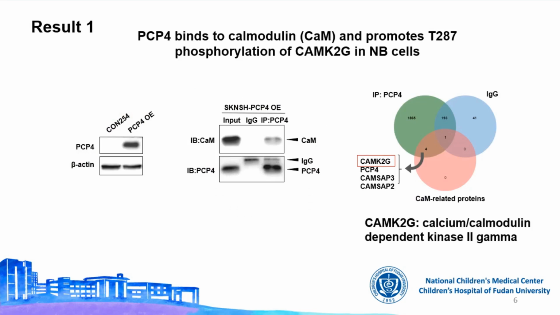Functionally, PCP4 modulates the rate of calcium binding to calmodulin, which is a critical step in activating calmodulin-dependent kinase. Here, we verified in neuroblastoma the binding of PCP4 with calmodulin by co-immunoprecipitation, and using mass spectrometry, we identified a target kinase of calmodulin, CAMK2G.